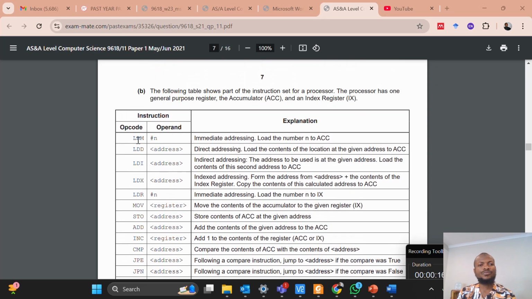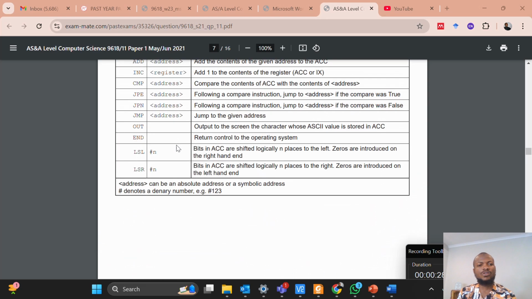For example, LDM n is immediate addressing. It loads the number n to the accumulator. Wherever you see a hash followed by a number, that number is a decimal number.